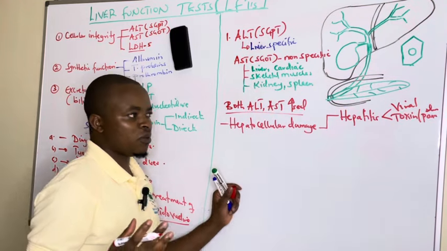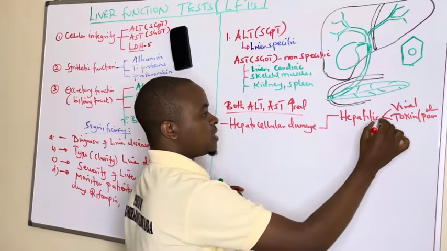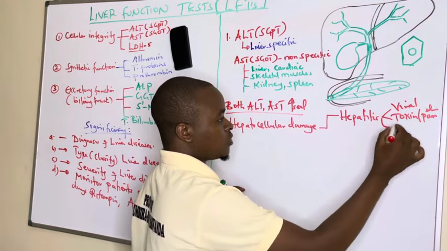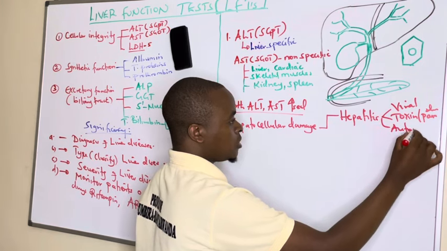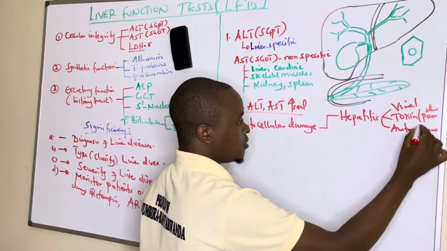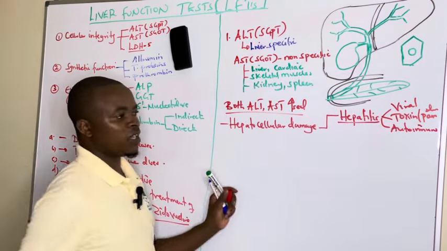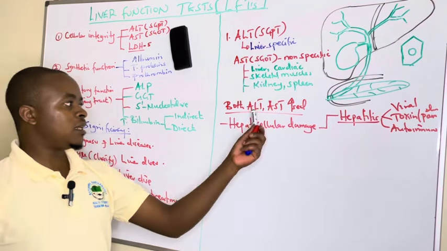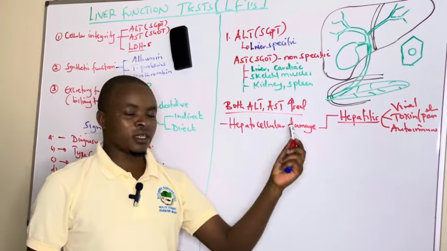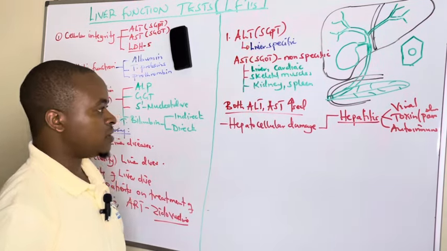Paracetamol causes much of the poisoning of the liver when taken in higher doses. Then we can also see autoimmune causes. These can lead to inflammation of the liver hepatocytes, and we find both ALT and AST elevated.